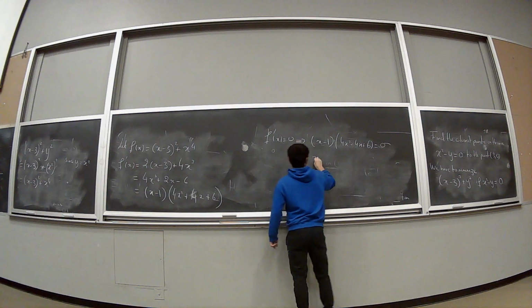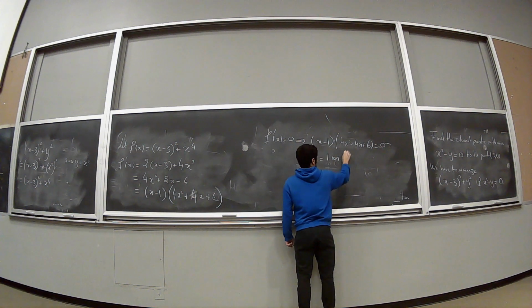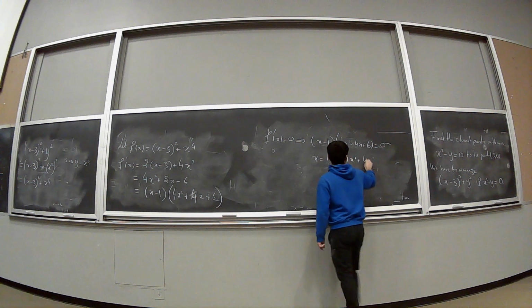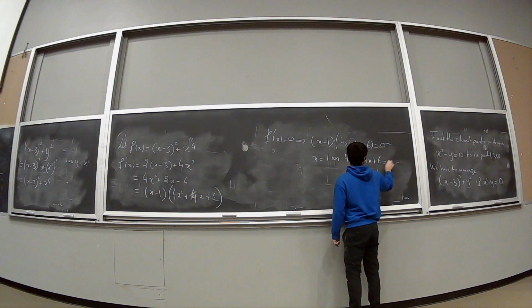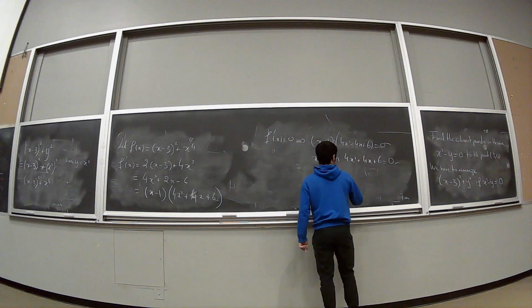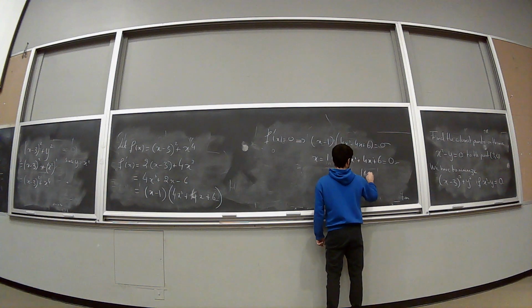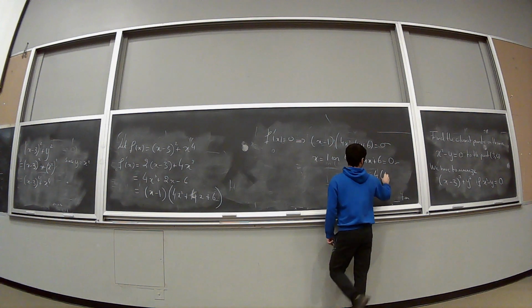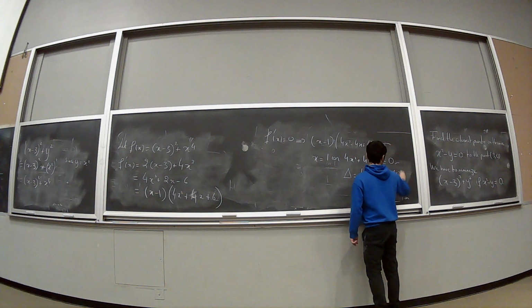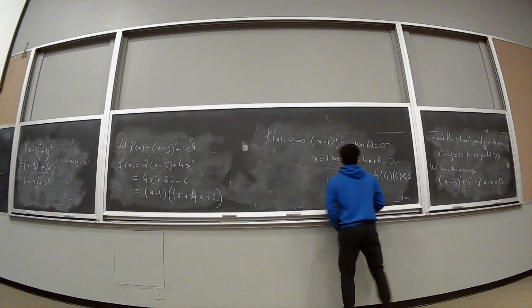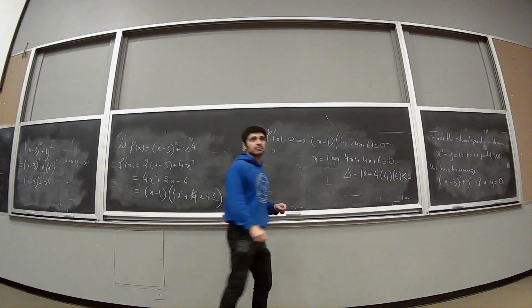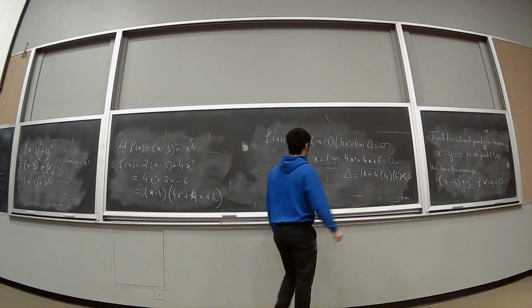So this implies that x equals 1 or 4x squared plus 4x plus 6 is equal to 0. Now let's look at the discriminant. Delta is 16 minus 4 times 4 times 6, which is strictly negative. So this has no solutions. You agree? B squared minus 4ac is negative.